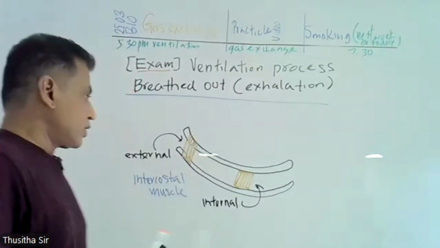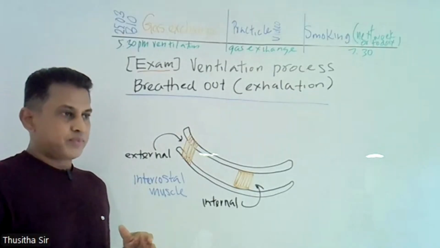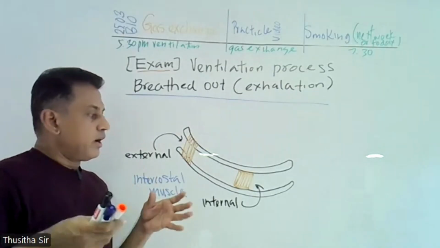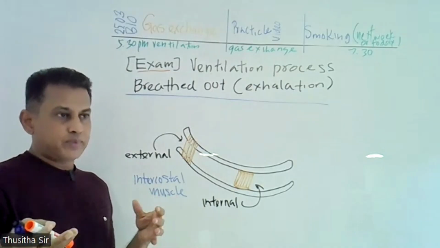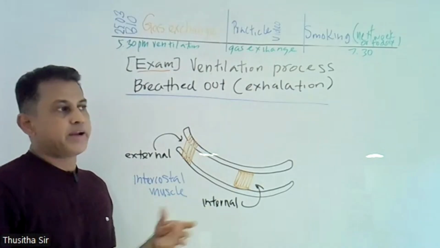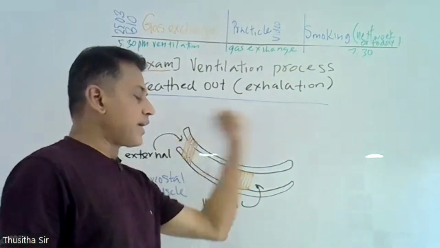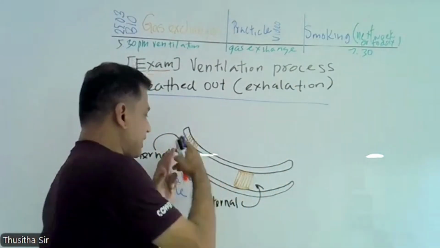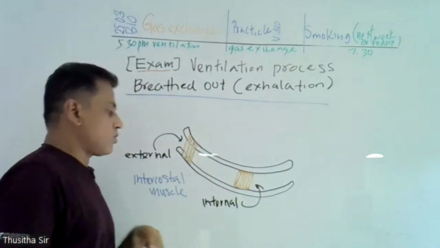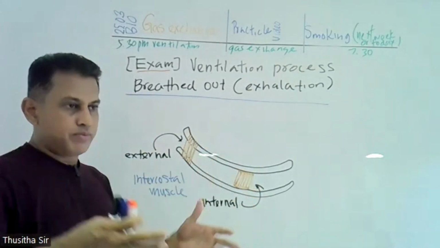So the main function of muscles is contraction and relaxation. By doing that, muscles can move our body. For example, leg muscles contract and relax, then we can move. The hand muscles, we can contract and relax, and then we can move. So these muscles, external intercostal and internal intercostal, contract and relax, they can move the rib cage.